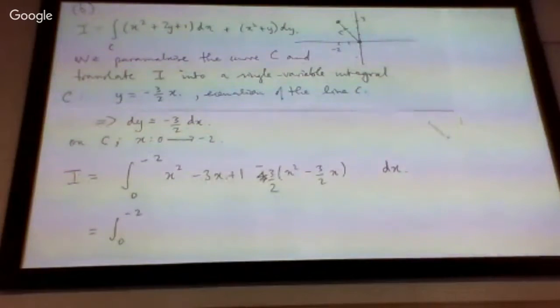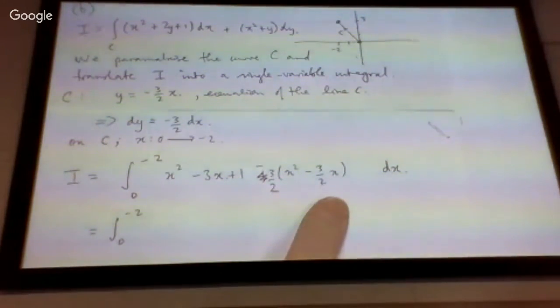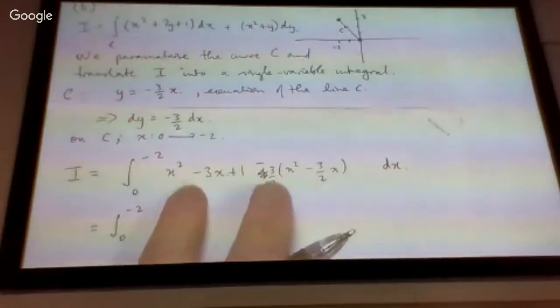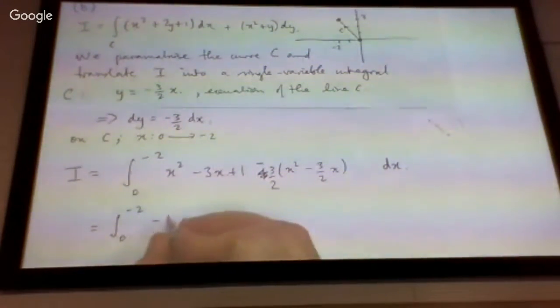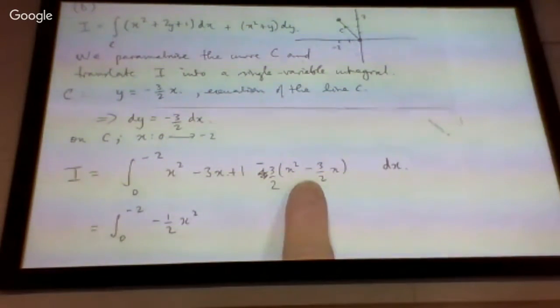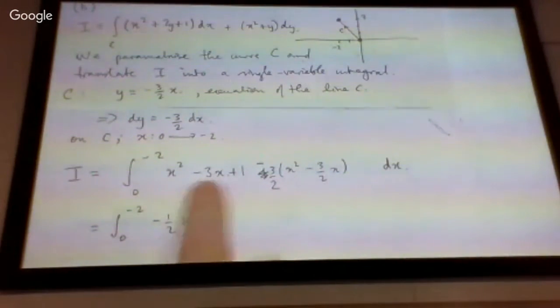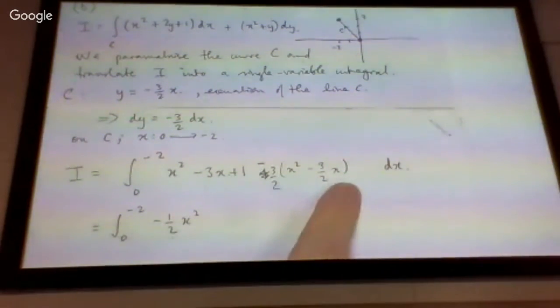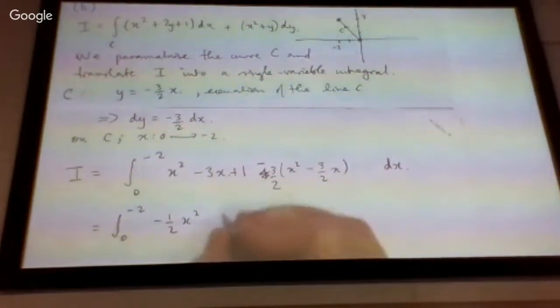So maybe just before we actually do the integration, we'll just convert the integrand into standard form. Bit of a messy polynomial at the moment, so let's just collect it together. So x squared, we got 1 minus 3 over 2, so it's minus a half x squared. And you got minus 3x plus 3 over 2x. Minus 3, so minus 3 is minus 6 halves, so minus 6 halves plus 3 halves is minus 3 halves.